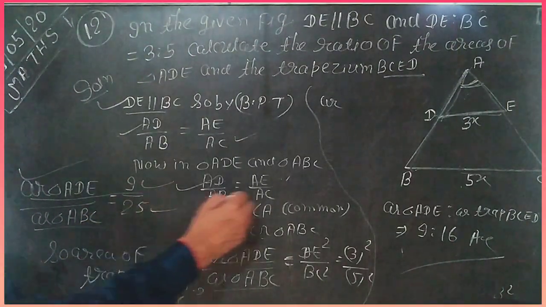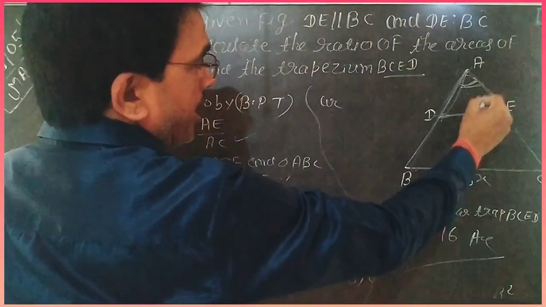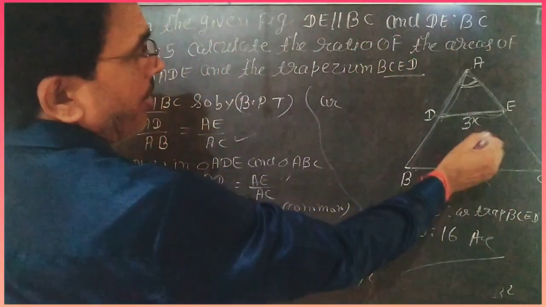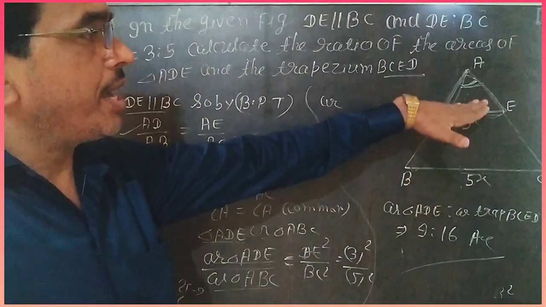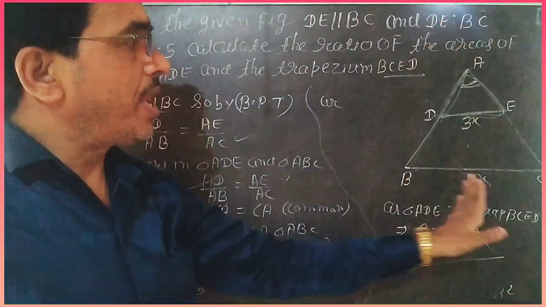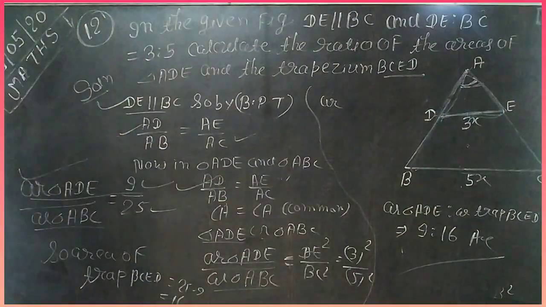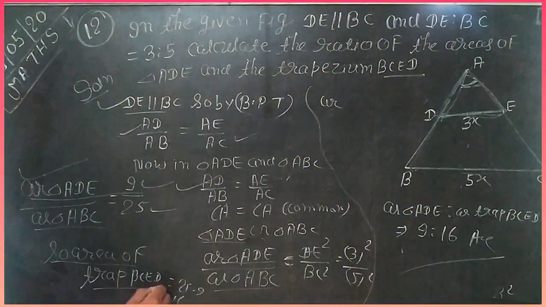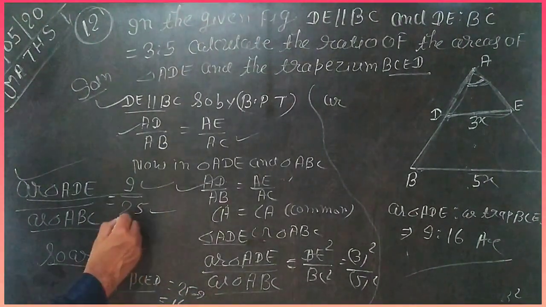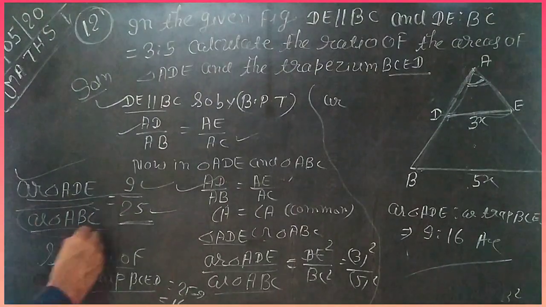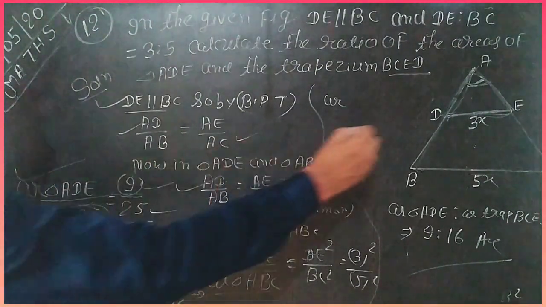But what is the area of this trapezium? The area of this small triangle is 9, the area of this whole triangle is 25. Then what is the area of the remaining part? So subtract the area of the small triangle from the large triangle. Then 25 minus 9, you get 16. So I write area of trapezium BCED is 25 minus 9, which is equal to 16, because 25 is the area of whole triangle ABC and 9 is the area of the small triangle ADE.